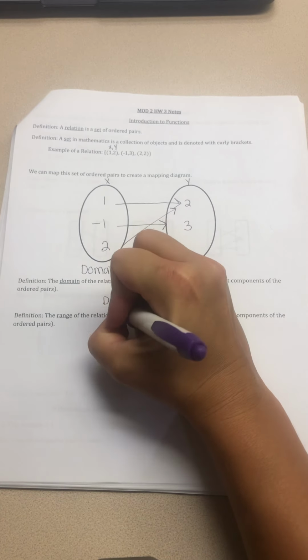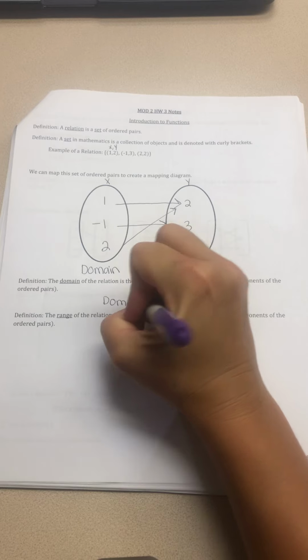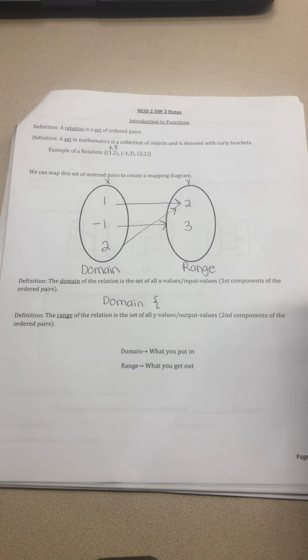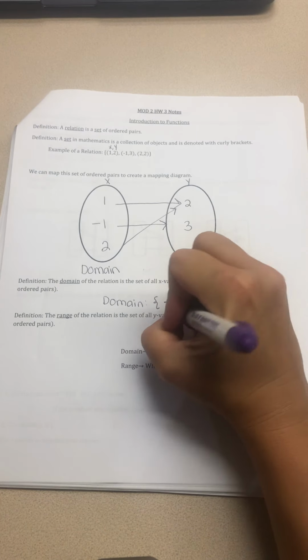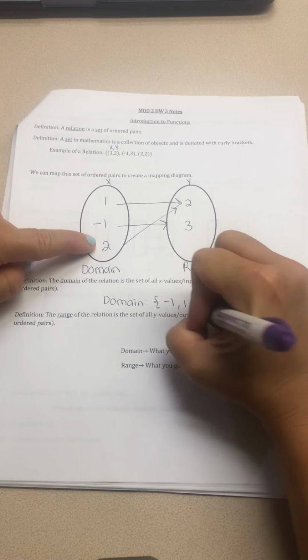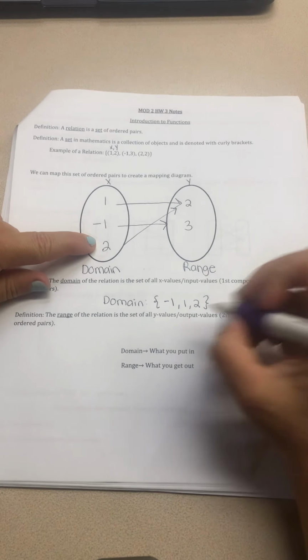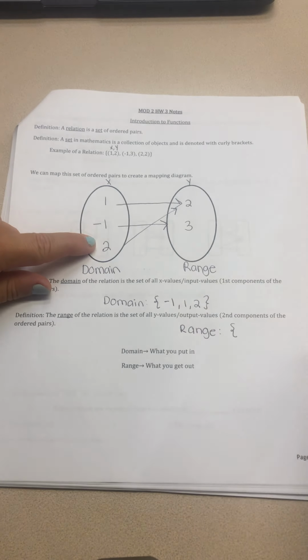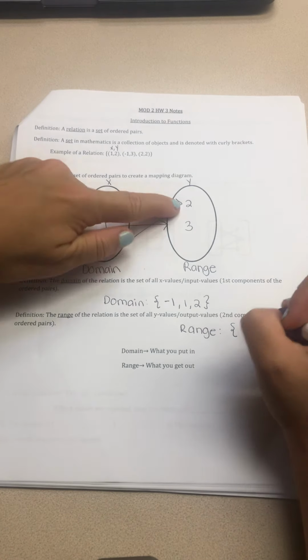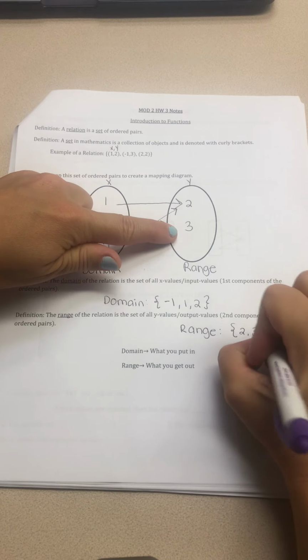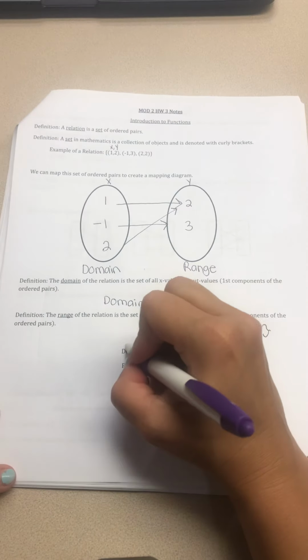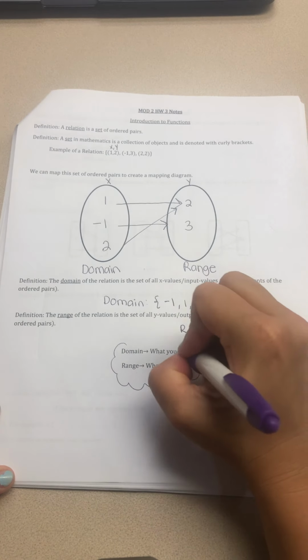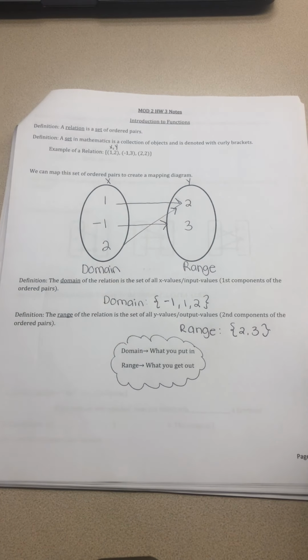So our domain for this example is the set {-1, 1, 2}, our x values. And then our range is our y values. So again, it's our set {2, 3}. So big thing, domain is what you put into the function, and then your range is the values that you get out.